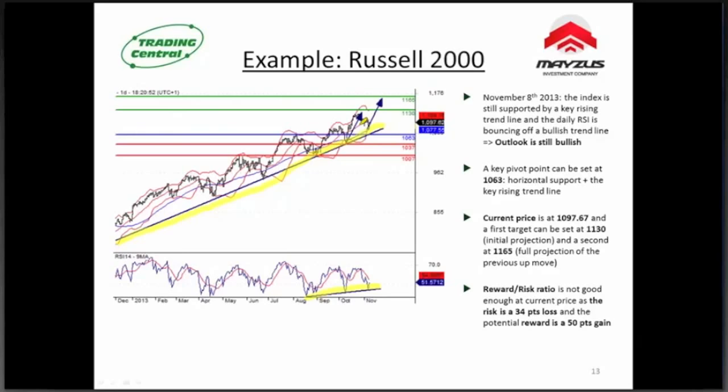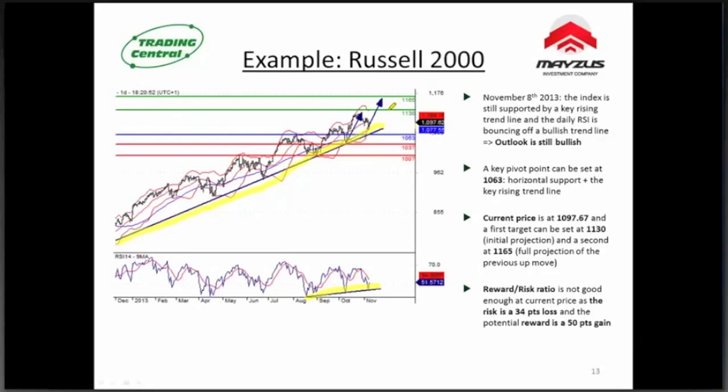because despite these key bullish arguments, the reward-risk ratio is not good enough at the current price. If you calculate between 1097 and 1063, the risk is a 34-point loss, and the potential reward is a 50-point gain.